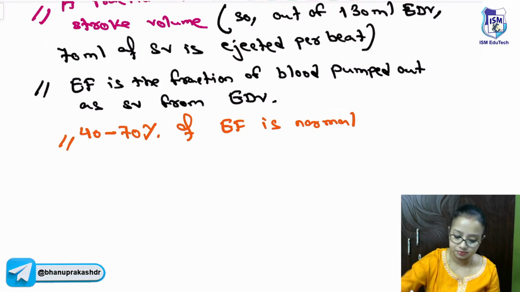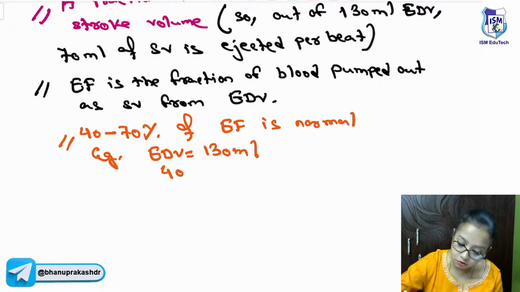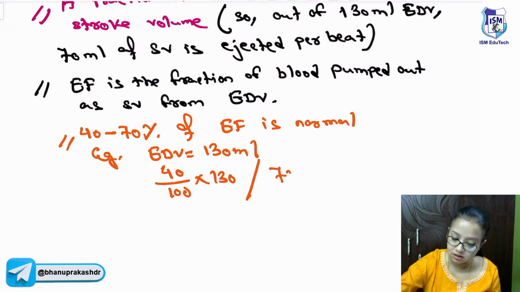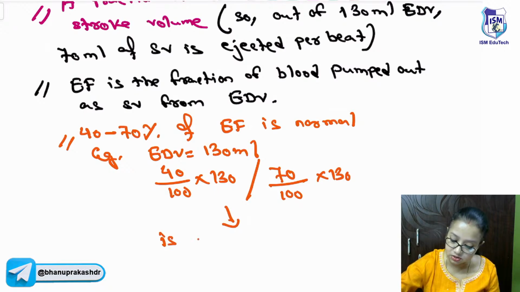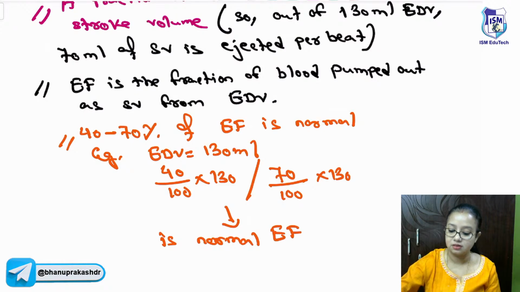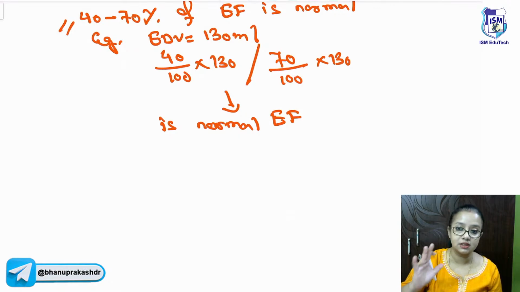For example, if end diastolic volume is 130 ml, then 40% up to 70% of this 130 is normal ejection fraction.